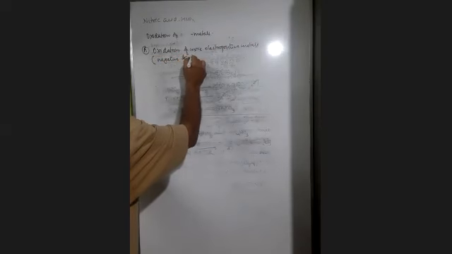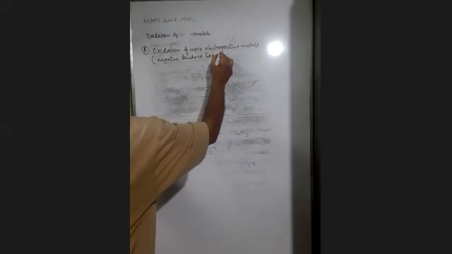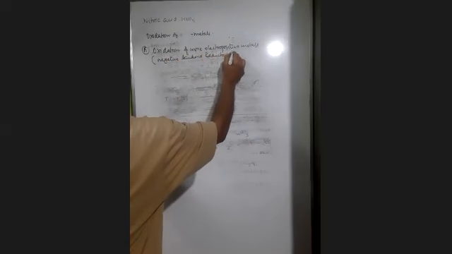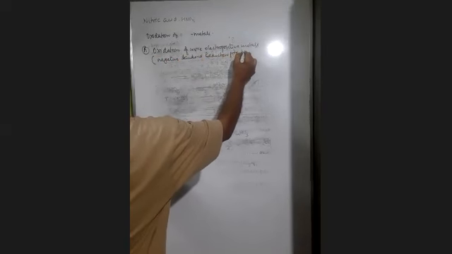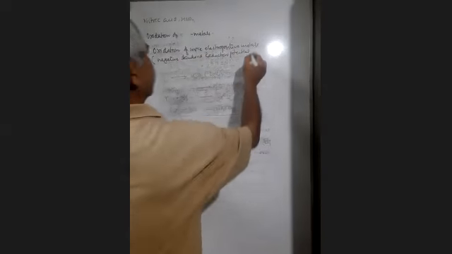What is the meaning of more electropositive metals? We'll write here negative standard reduction potential. Okay, a science book should be written systematically. It should not be written like storybooks, no?